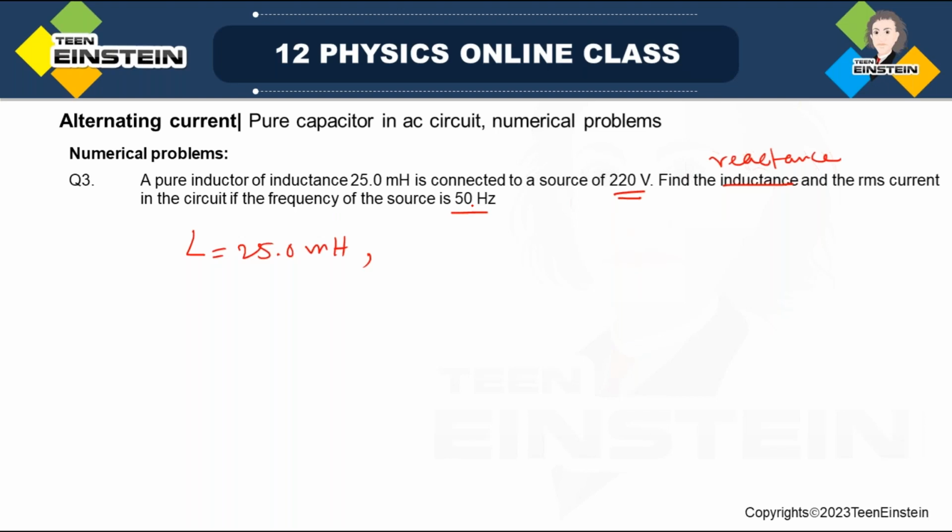So here the voltage of the source given is actually VRMS, 220 volt.